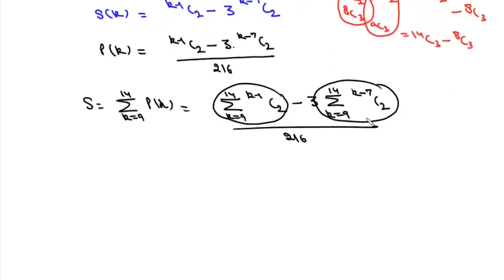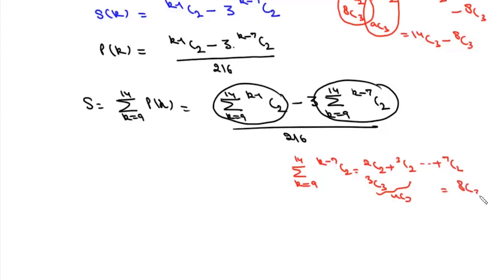And if we look at the second series, which is the summation, k varies from 9 to 14, of k minus 7 C 2, now this is 2C2 plus 3C2 up to 7C2. Now 2C2 is 1, we can also write this as 3C3. So the next one will be 4C3, and finally it will be 8C3.